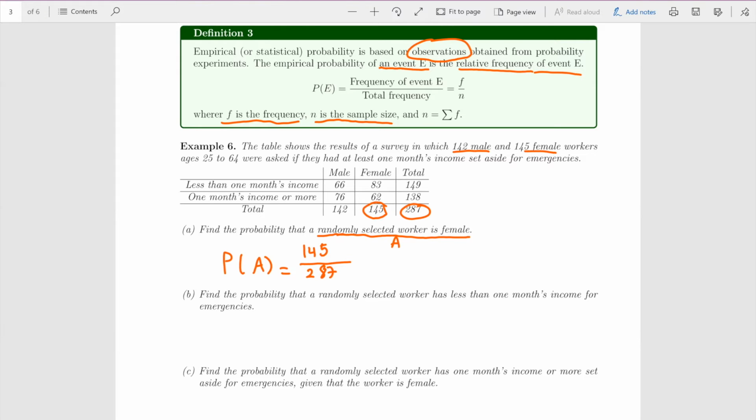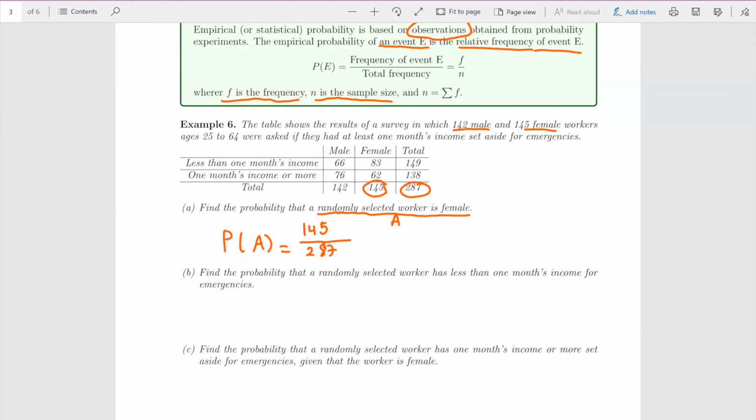You can keep it in this form, or you can compute it using decimals, it's up to you. But you can just keep it as a fraction. Again, if you select a random worker and ask what is the probability of getting a female, it should be the total number of females in this survey divided by the total number of responses.